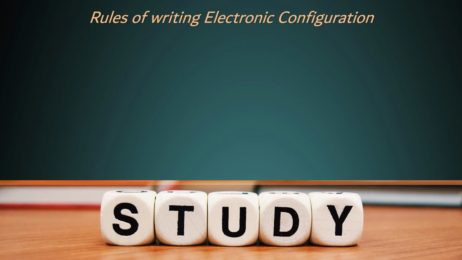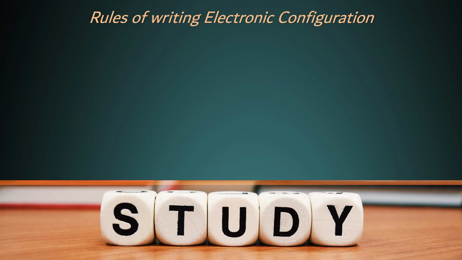So, how is electronic configuration written, or what are the rules of writing electronic configuration? To write electronic configuration, the Aufbau principle is most followed. Of all these three principles, the Aufbau principle is the most important one to configure the electrons.